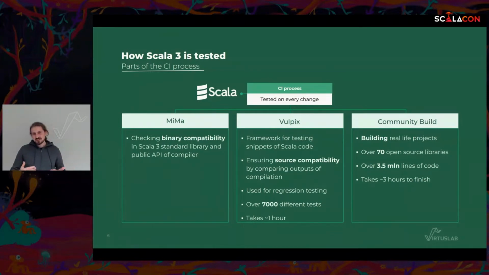Because, for example, if something compiled with Scala 3.0, it should also compile with 3.0.1 or 3.1 or any newer versions. Of course, in general, source compatibility of Scala, especially in Scala 3, is not guaranteed.